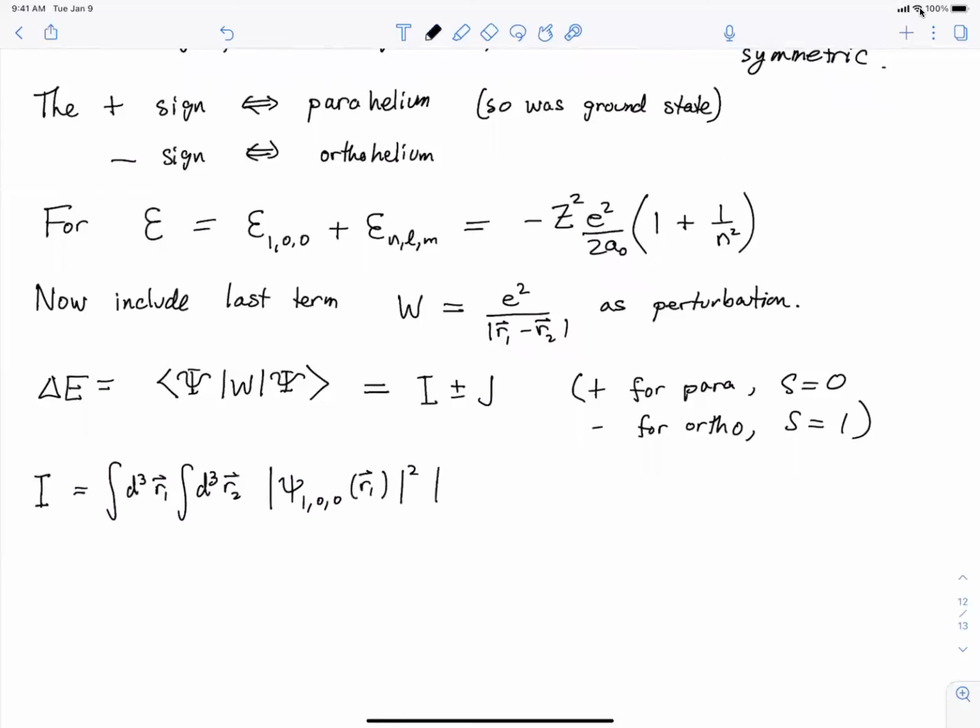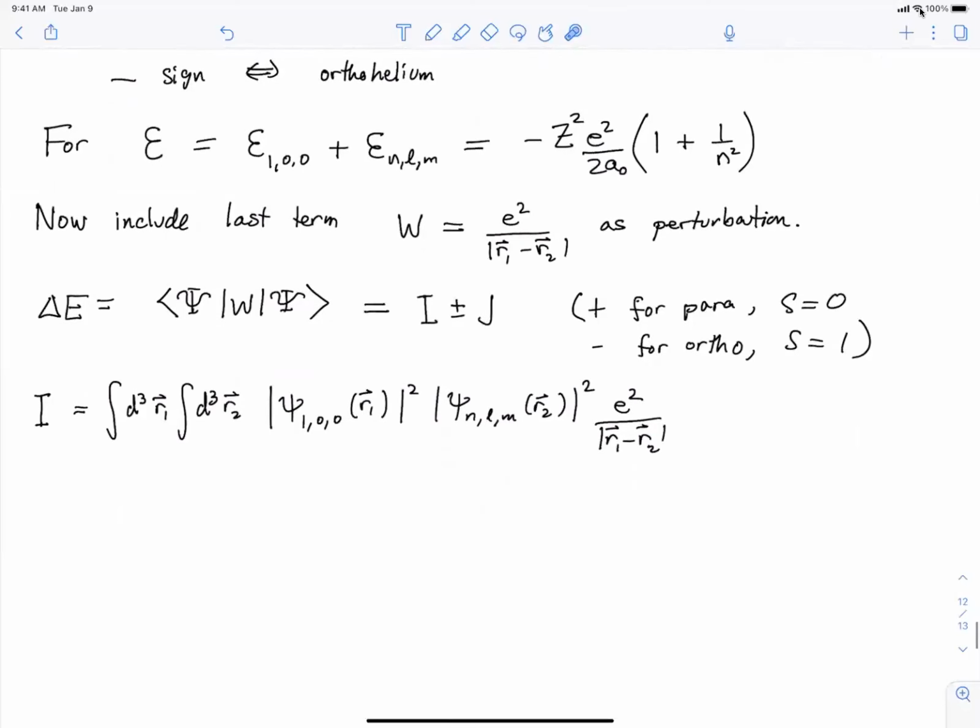And then I get my wave function for the NLM state. And then I write down my Hamiltonian part. And so we did a similar integral for the ground state, but now it's more complicated because we have NLM here. And it's sufficiently complicated that we're not going to do the integral. This is known as the direct integral, though. That's the terminology for it.